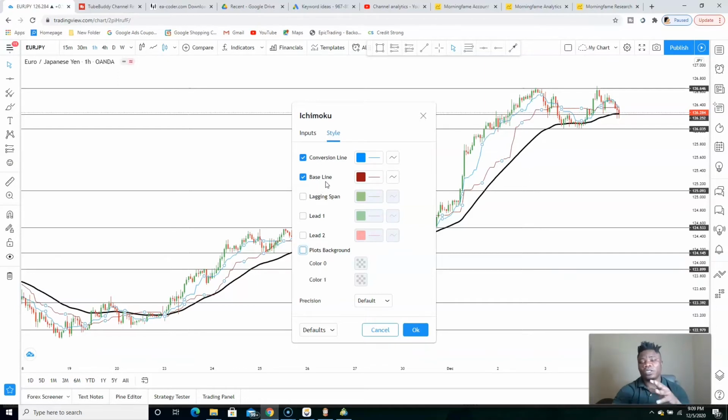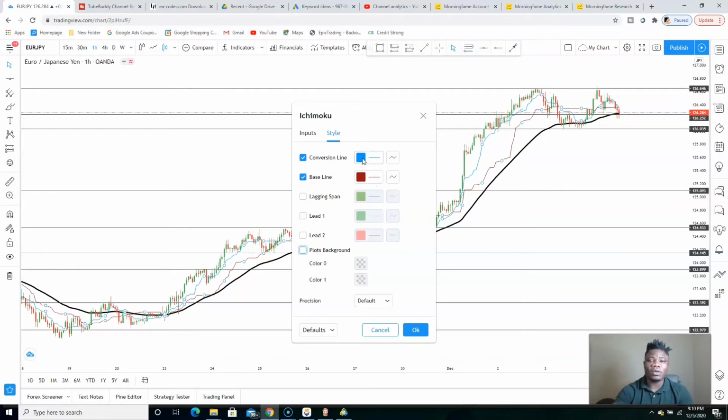So when you're trying to use this strategy on MT4, the conversion line here on TradingView is actually Tenkan Sen on MT4, and the baseline here on TradingView is actually Kijun Sen on MT4. I just want to let you guys know what to expect when you want to put this on your MT4 account.